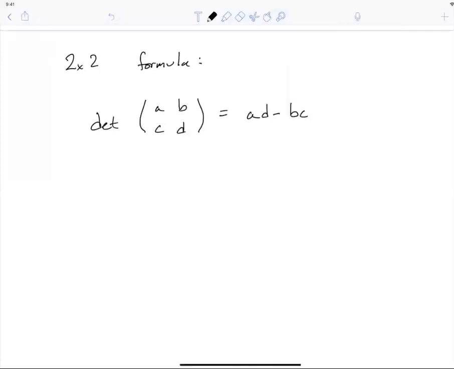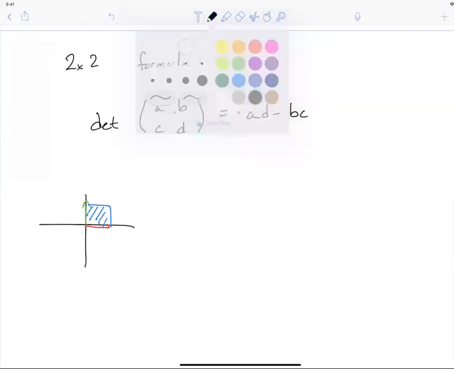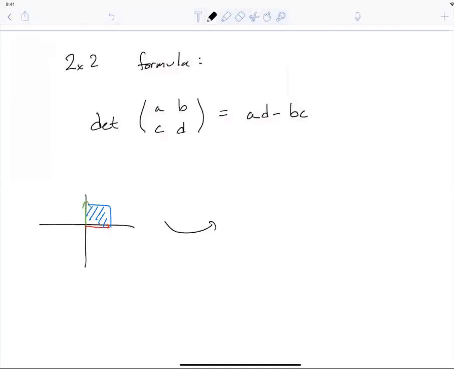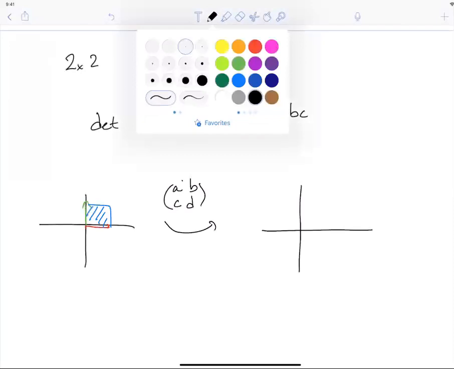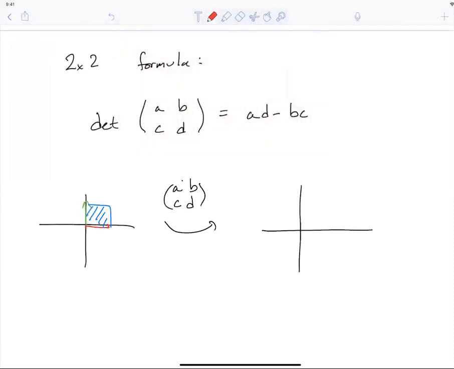So if we look at what happens when you take the unit box right here, and if we map this over by A, B, C, D, in general, we're going to get a parallelogram. For the sake of this example, we're going to assume that A, B, C, and D are all positive. So you're going to get a parallelogram that looks kind of like this.